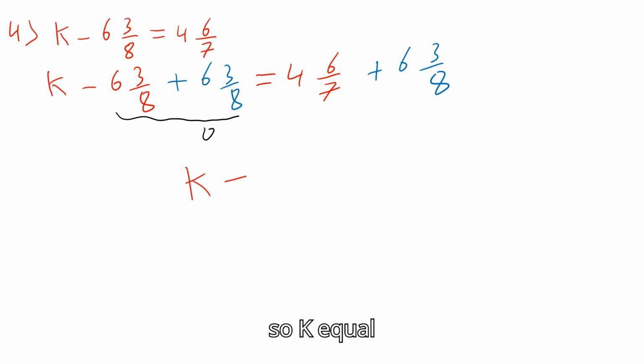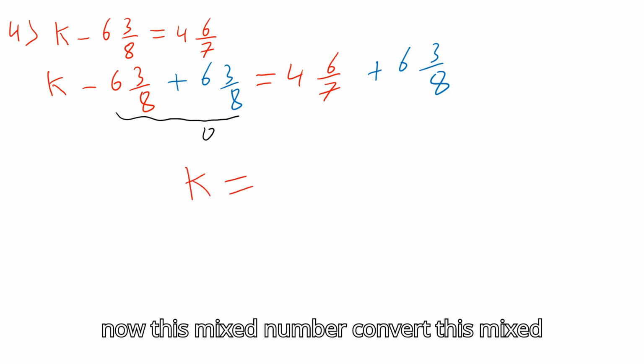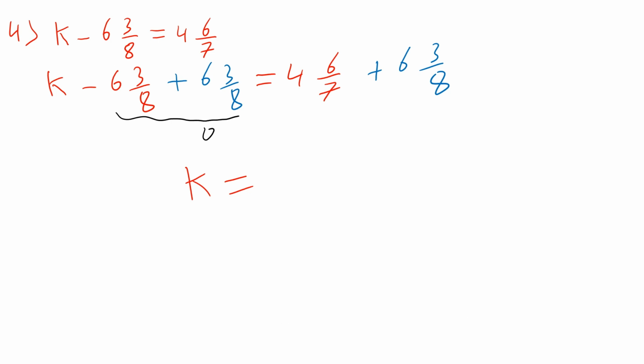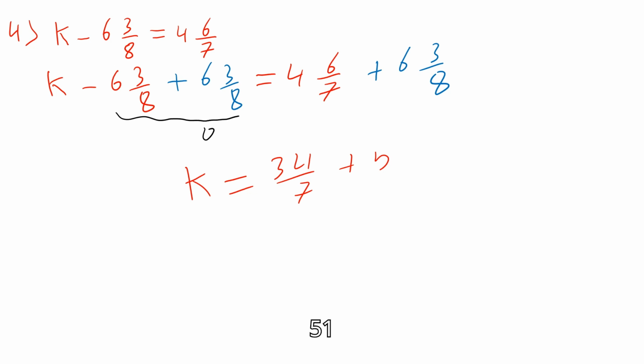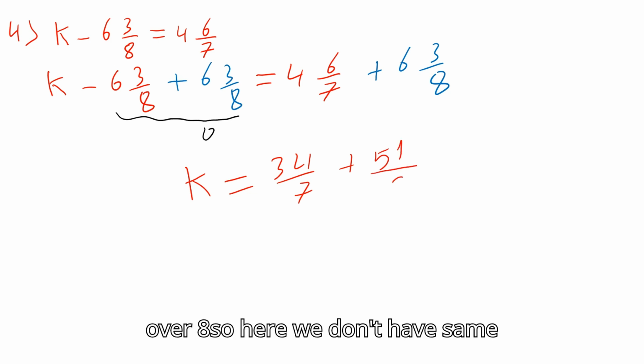So k equals, now convert this mixed number to a fraction. 7 times 4 is 28, plus 6, 34 over 7. Plus also here, 8 times 6 is 48, plus 3, 51 over 8.